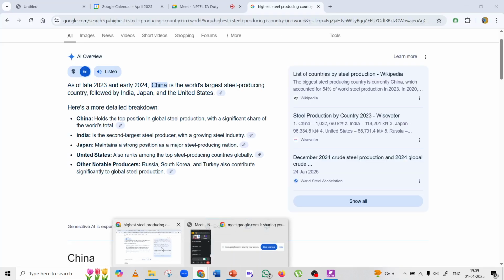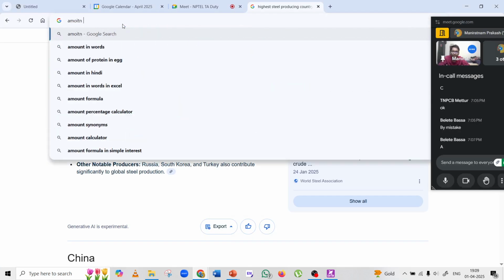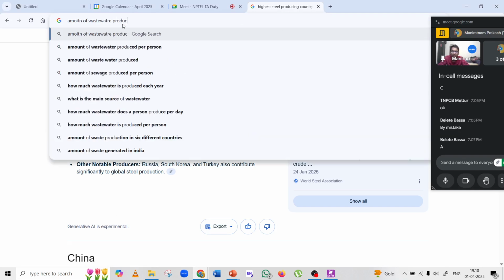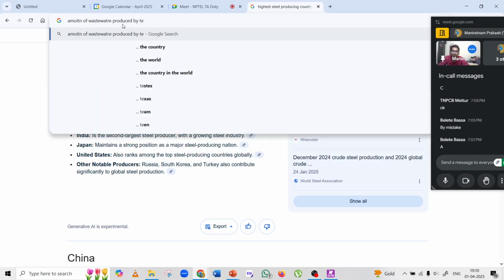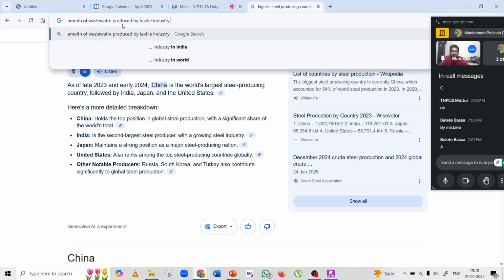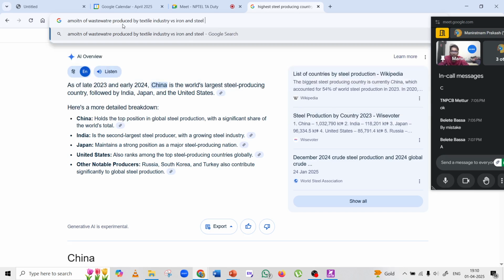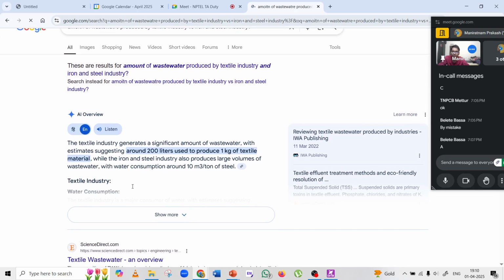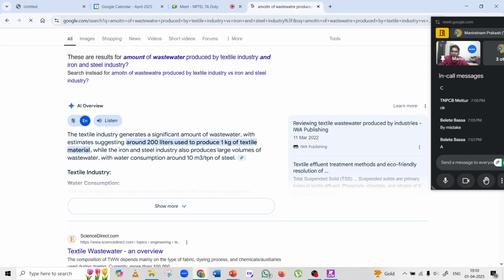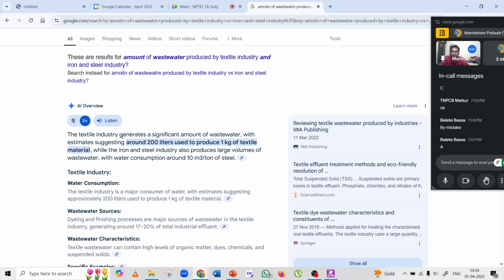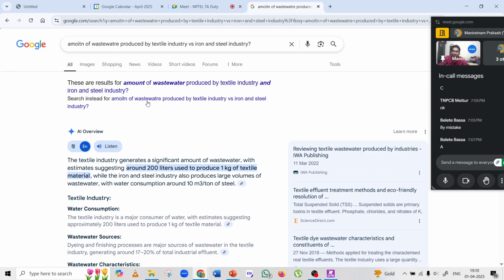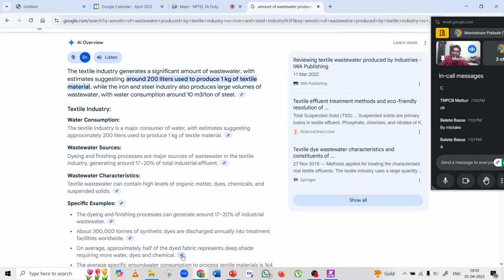Let's search on the net. Okay, I am not getting the exact data here.